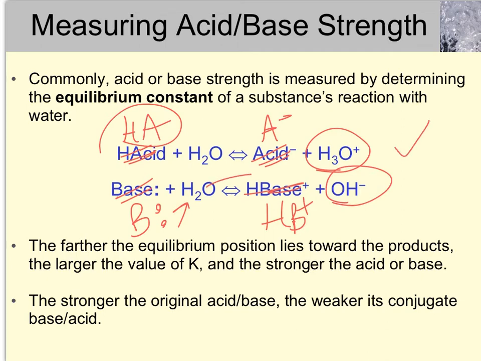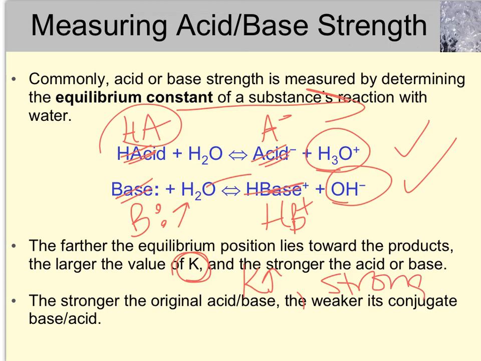So they're very different equations, so get familiar with writing both of them. And in both cases, though, the farther the equilibrium lies to the right, the larger the value of K. Remember, K is products over reactants. And so the larger K is, the stronger the acid or base.